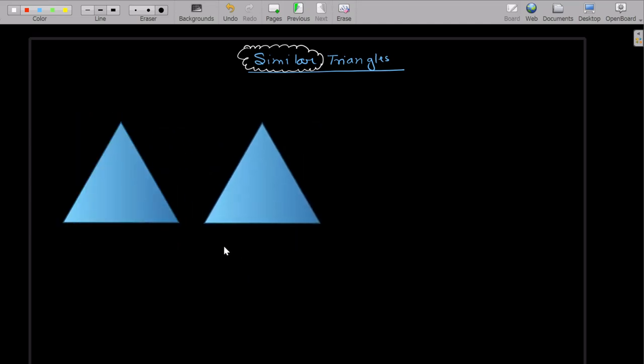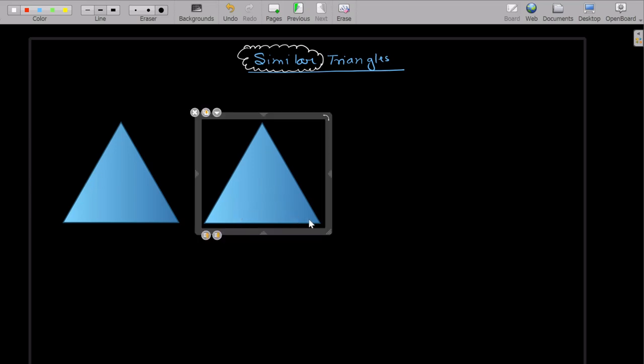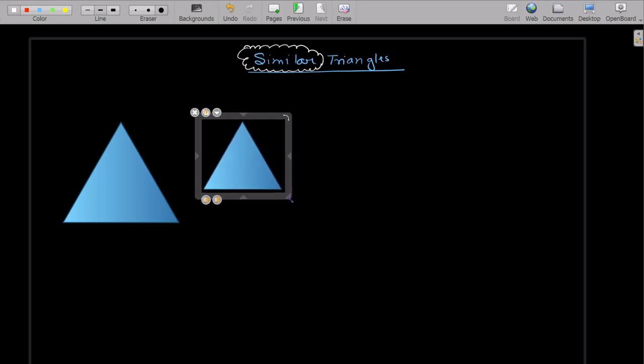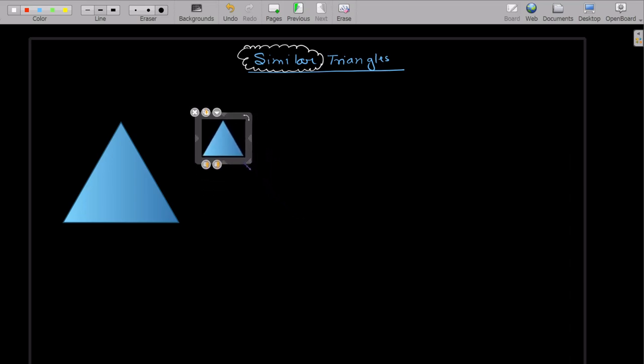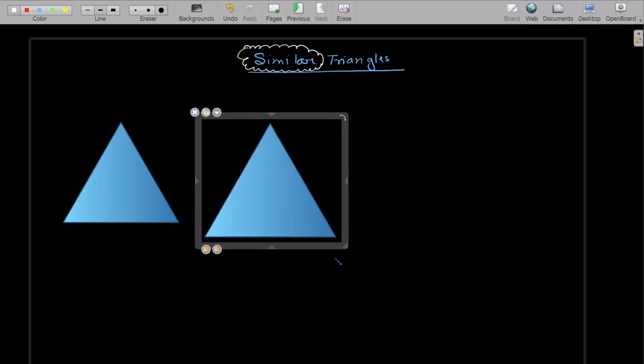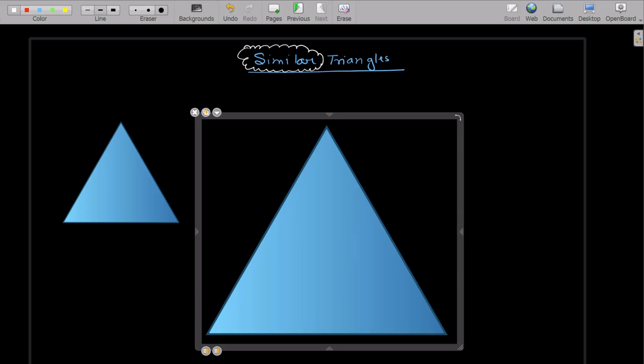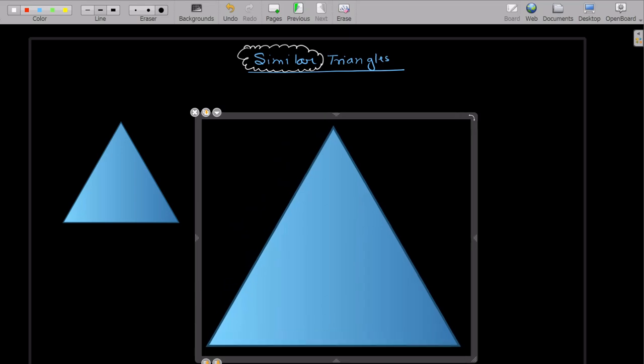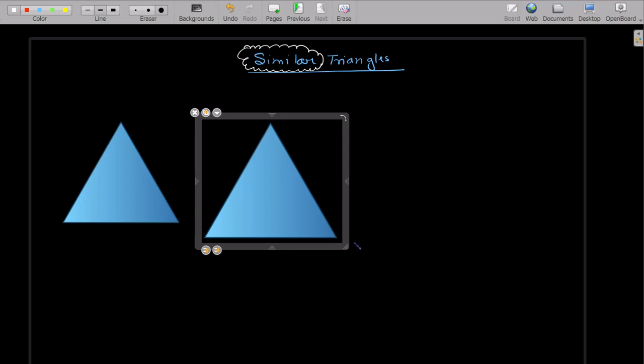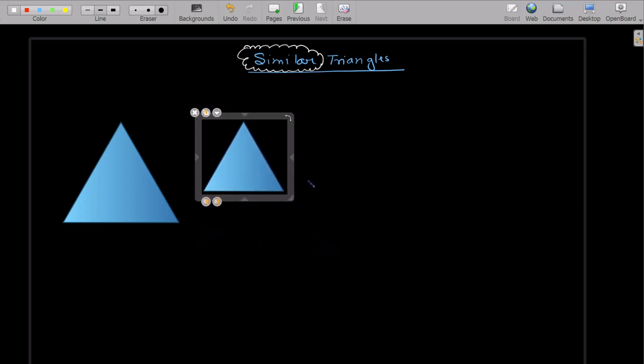Right now, when you copy and paste it, they are congruent, they are exact replicas. Now, if I increase or decrease its size in the same ratio, so see, I'm decreasing the size. So all the sides are getting reduced by the same amount, or I can also increase its size. So all the sides are getting increased by the same amount. So when you do this, you get similar triangles.